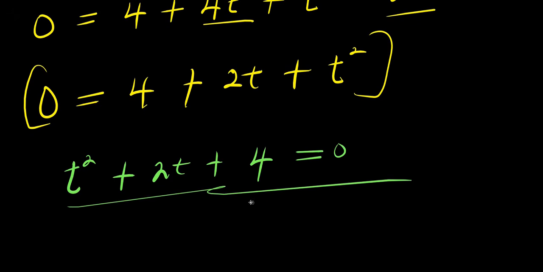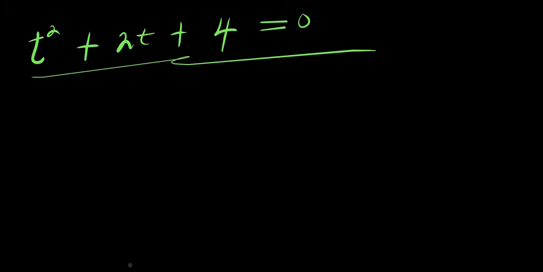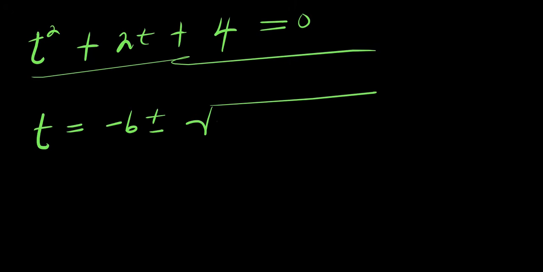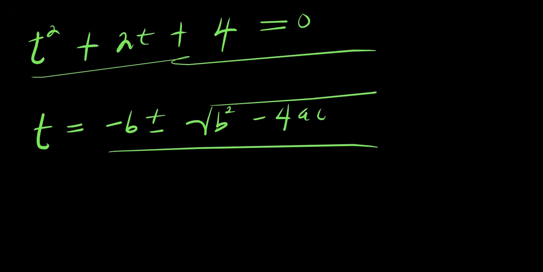So let's solve this equation to find the other values of t. And we are going to solve this using the formula method. So let's write the formula in respect to t. We have t equals negative b plus or minus square root of b squared minus 4ac, divided by 2a. a equals 1, which is the coefficient of t squared. b equals 2, which is the coefficient of t.